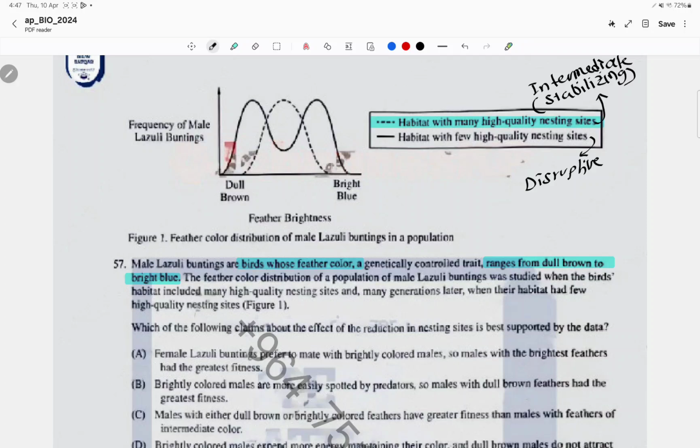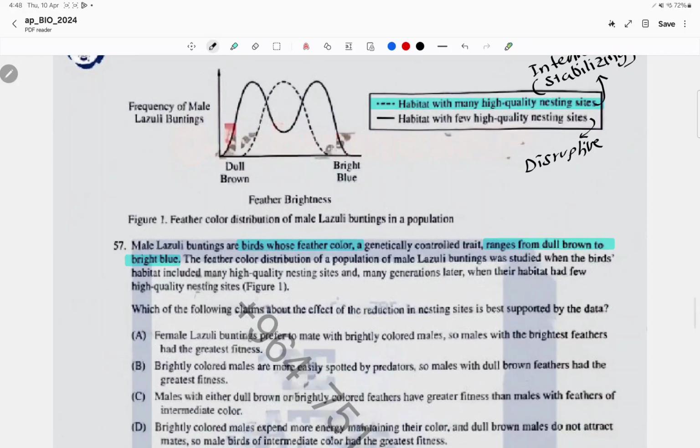Which of the following claims about the effect of the reduction in nesting site is best supported by the data? So basically, in the beginning, we only had many high quality nesting sites. So in the beginning, we only had the dotted line, but then over time, we shifted toward the extreme.